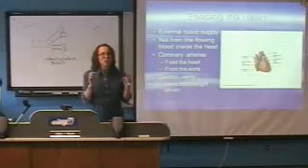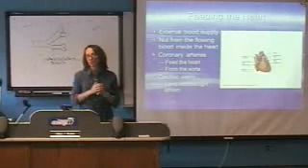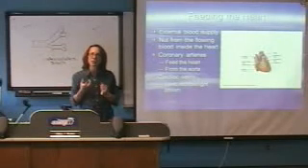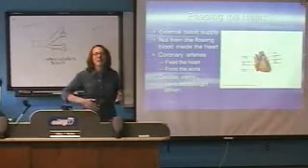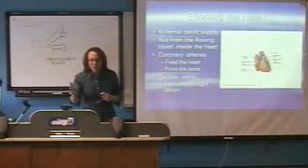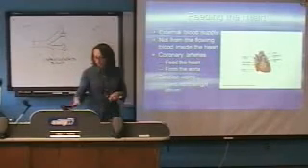So this coronary blood supply is going to be what gets blocked and leads to myocardial infarction or heart attacks. Cardiac veins will then collect all that blood that our heart muscle has used and send it back to the right atrium.